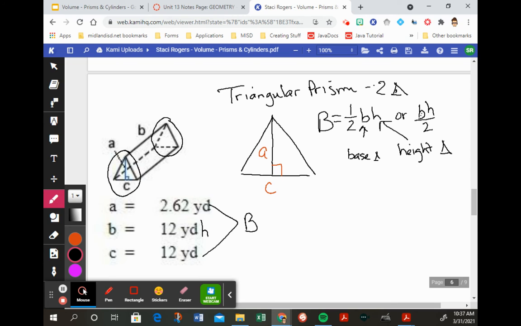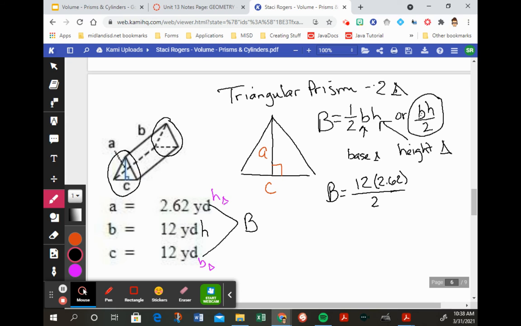Okay, so here we go. A is the height of our triangle, I'm going to use purple, and C is the base of our triangle. So I'm going to plug those into my formula. Big B equals, and I like this formula better, so I'm going to use it, 12 times 2.62 divided by 2.